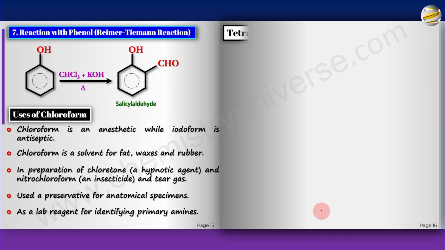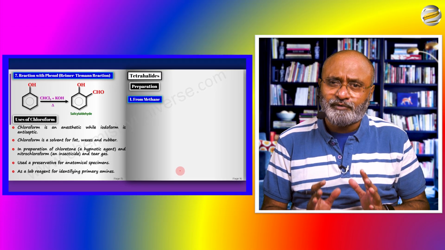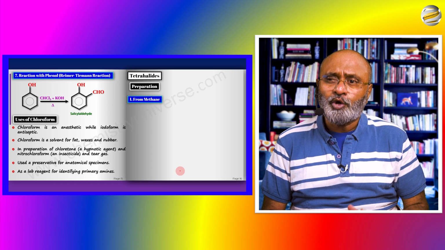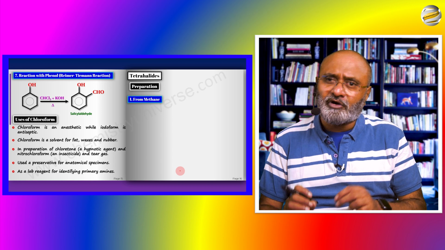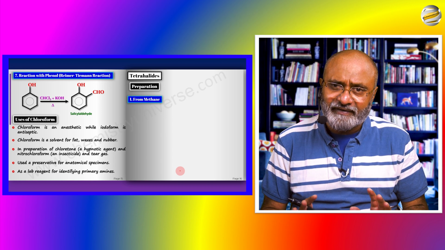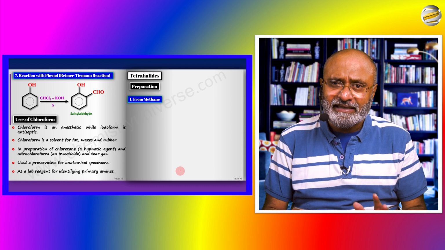So now let's look at tetrahalides, the last part. Preparation, pretty simple, from methane. Now remember, the worst possible method, and I've repeated this before, the worst possible method for preparing monochloroalkanes or dichloroalkanes or trichloroalkanes is halogenation of alkanes. The best is make a tetrachloroalkane if it is methane.